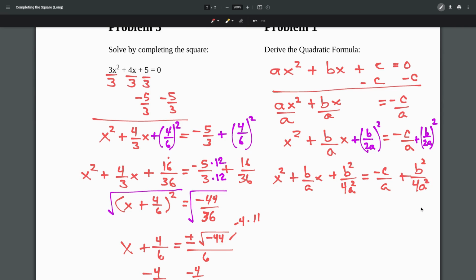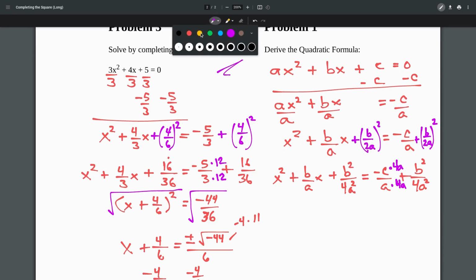Okay, so now what I need to do is get a common denominator here. So I can multiply both the top and the bottom by 4a.